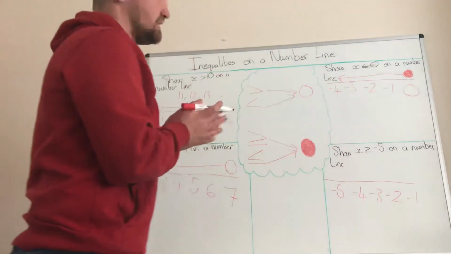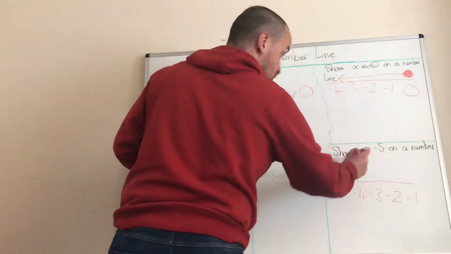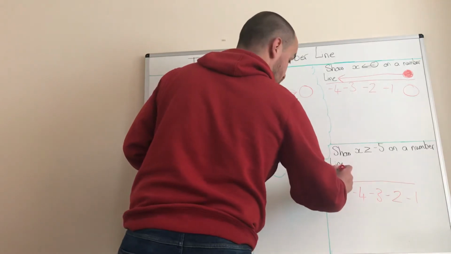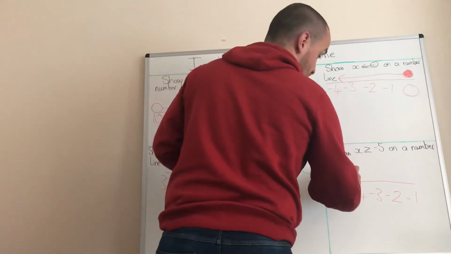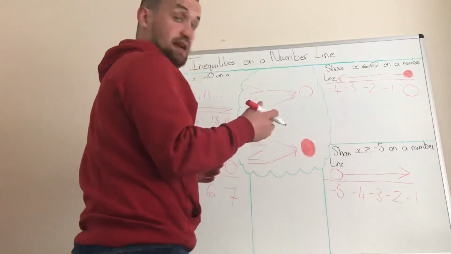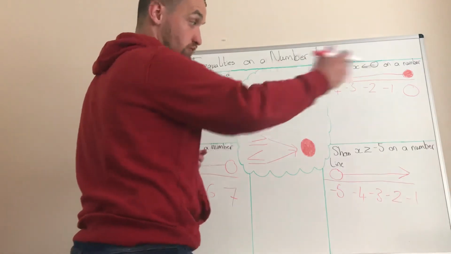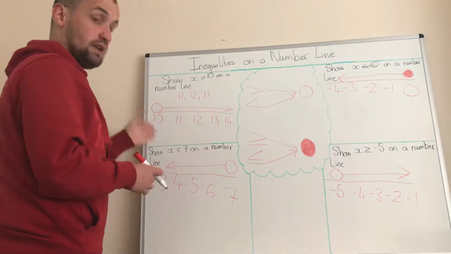Now where does the dot go? The dot goes above the number in the question. The number in the question is minus 5. And for it to be greater than or equal to minus 5, it's got to go that way. If it's greater than or equal to, the line goes to the right. If it's less than or equal to, the line goes to the left.